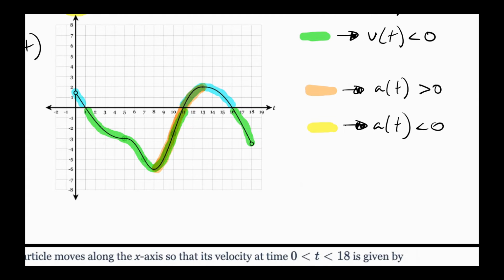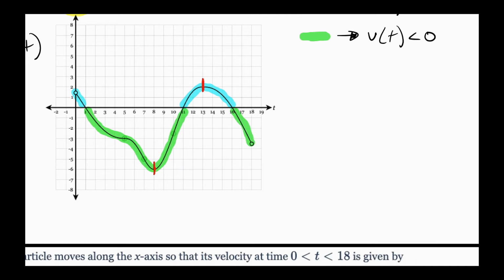I'm just going to circle it and put decreasing. So from here to about here is positive.